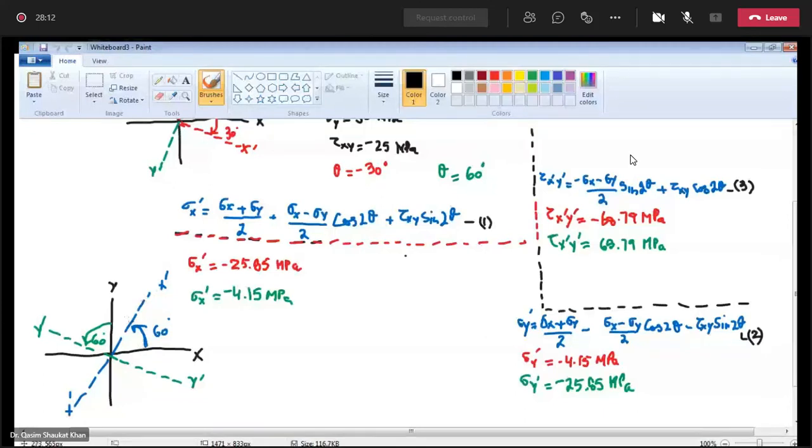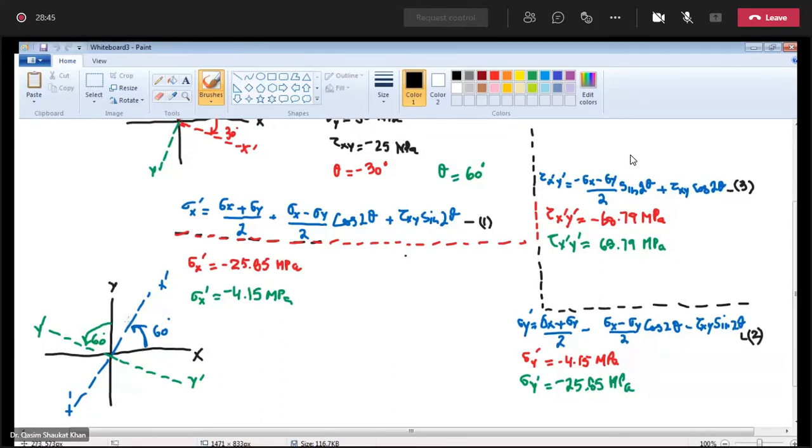Part B is that the element is rotating at an angle 60 degrees counterclockwise. So now your theta will be plus 60 degrees.